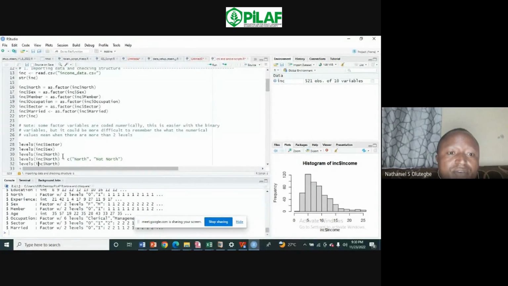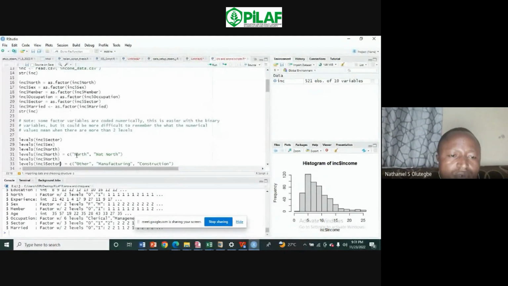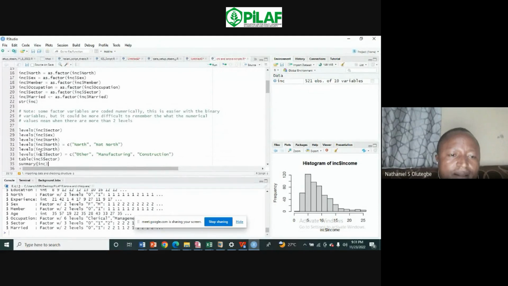However, some variables may have 3 levels, for example, sector. Sector has 3 levels: 0 1 2 2 2 2 1, and so on. It's difficult to know exactly what 0 stands for, what 1 stands for, and what 2 stands for, unlike for married, where I know 0 is unmarried and 1 is married.